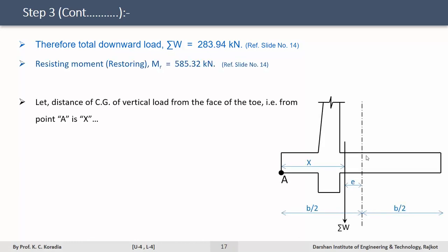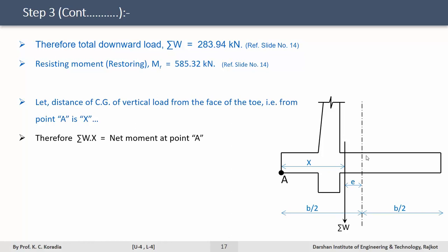Now we are supposed to determine the eccentricity of vertical force from the center of the base slab. Let the distance of CG of vertical load from the face of toe, that is from point A, be x as shown in figure.